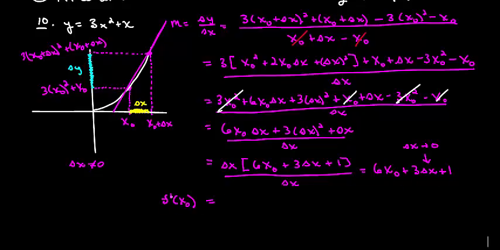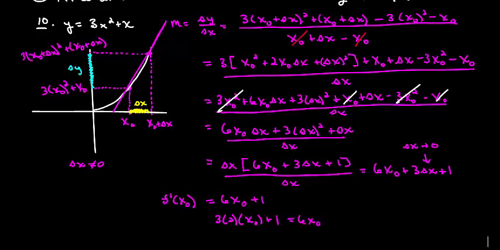So the slope of the tangent line at any x0 value is 6x0 plus 1. Notice that that follows our formula that we're given in this chapter as well. And our formula in the chapter says that you take the a value times 2 times the x0 value and you add the b value.